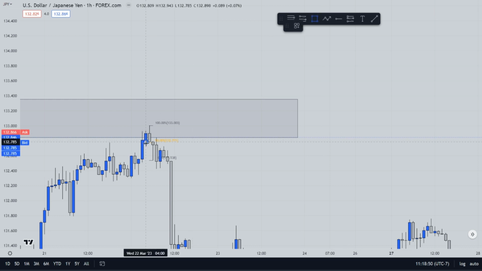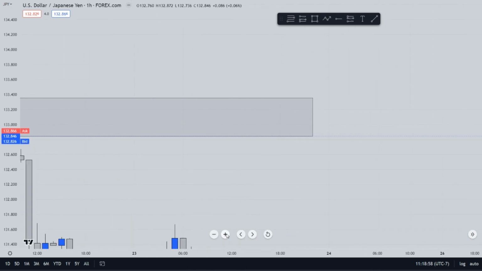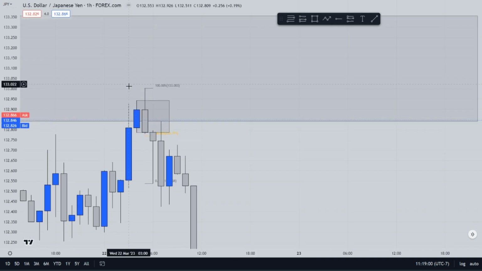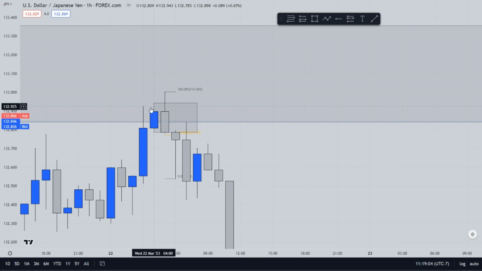So I mark this zone right here. This is what I use, and you see it's above 50%. If I zoom in a little bit more, you see this last buy to sell candle is above 50%, and you can see price retested and then dropped off.